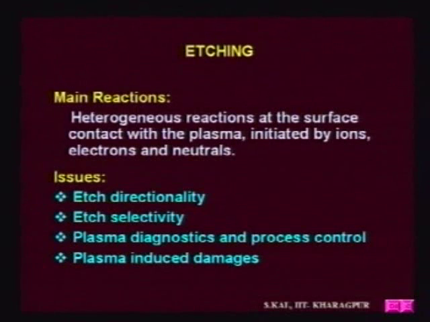So how to reduce the damage, which mainly comes from the plasma, is a major concern nowadays in VLSI dry processing. There are certain parameters which we can control, so that the acceleration is not very high and damages will be minimum. All those issues I will discuss one by one in future slides.